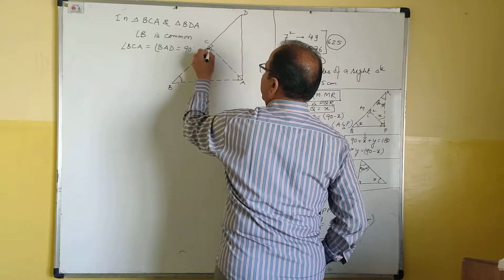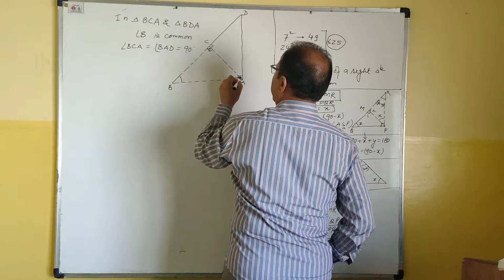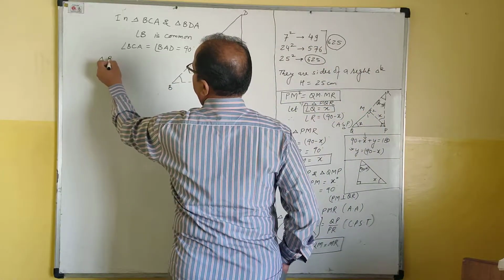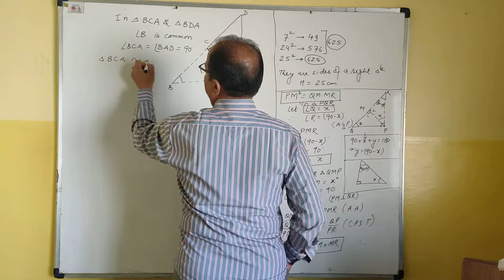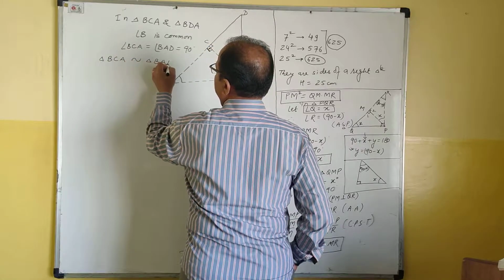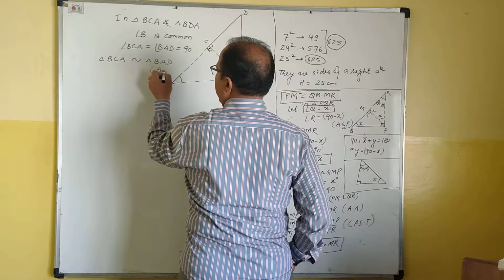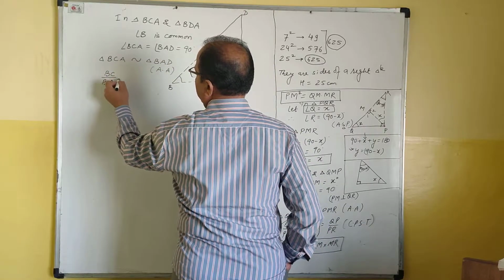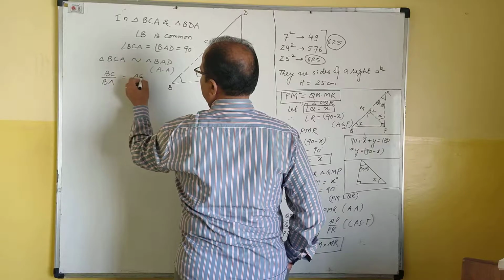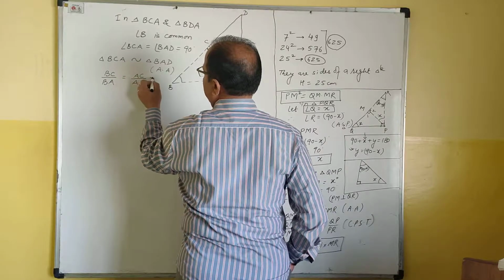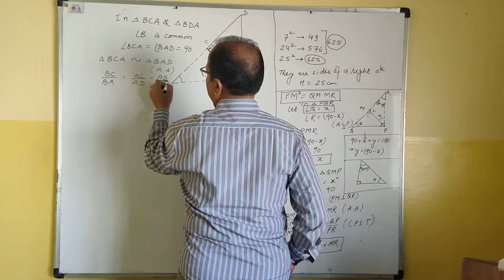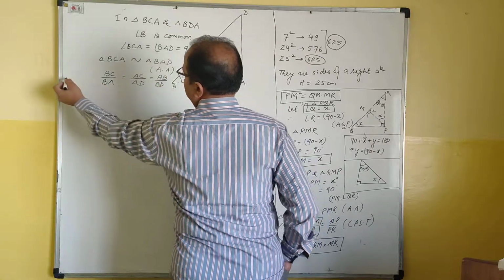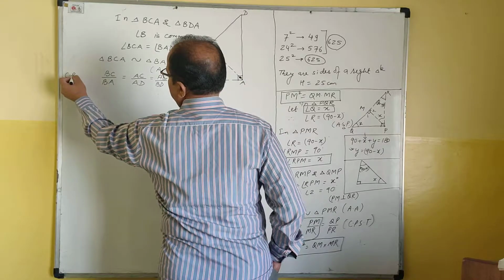This is also 90 degree, this is also 90 degree, so both are 90 degree. So triangle BCA is similar to triangle BAD by angle, so BC upon BA is equals to AC upon AD is equals to AB upon BD. This is by CBSE.